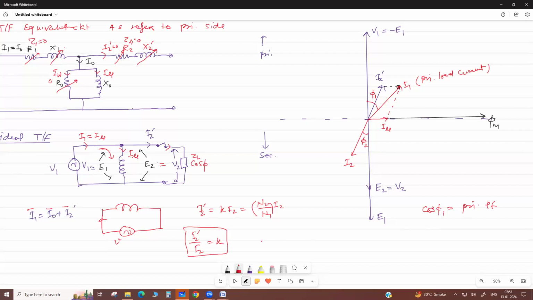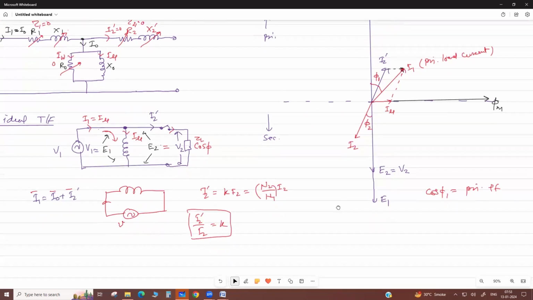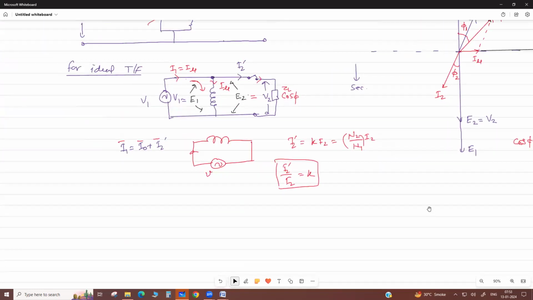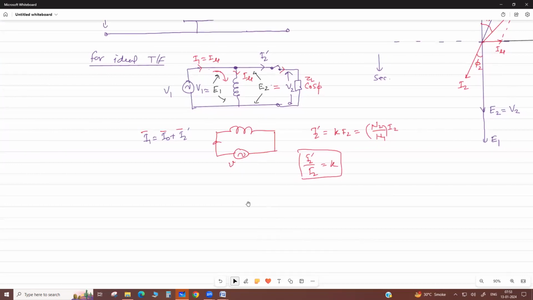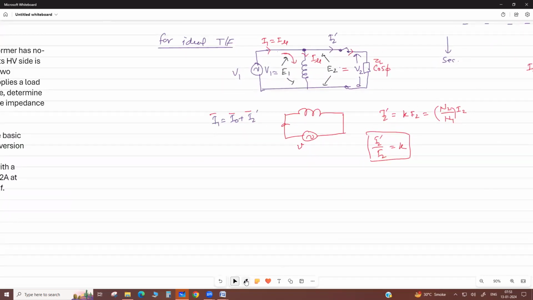Now we consider a partially ideal transformer, which means we neglect the primary and secondary impedance voltage drops, but we consider the core losses, meaning the complete magnetizing circuit. So what is the equivalent circuit?